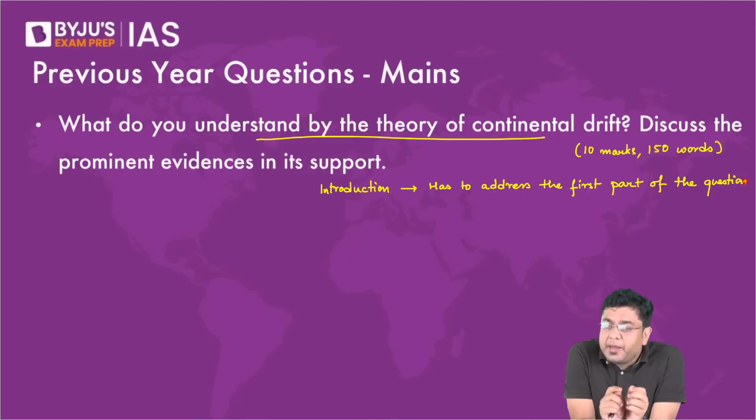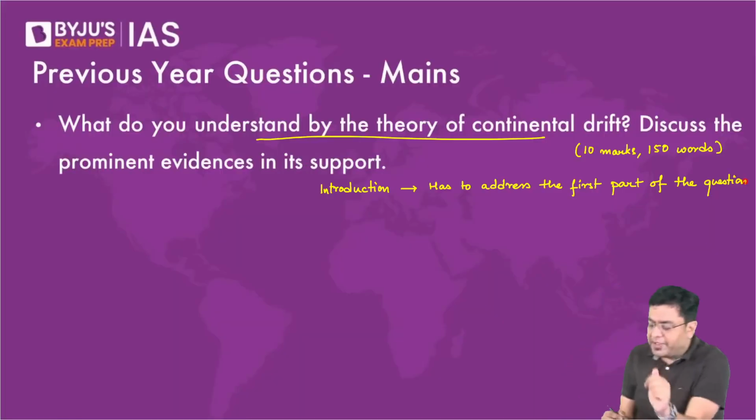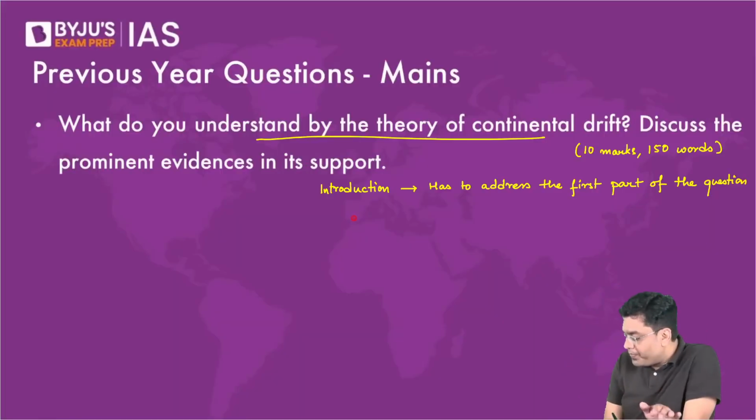So that is where you write that Wegener basically postulated his theory based upon a certain set of evidences. Now, by inserting this sentence you have created a flow, an introduction of what your body is going to consist of. So after this, when you create your body, right?